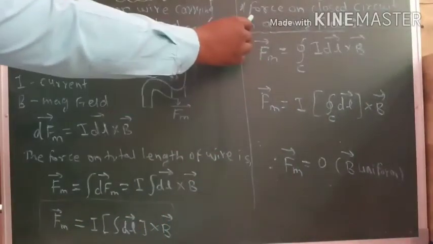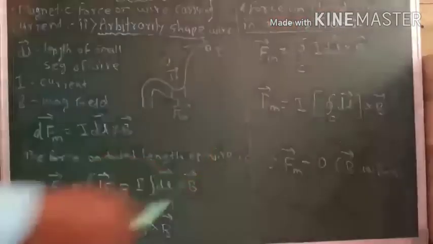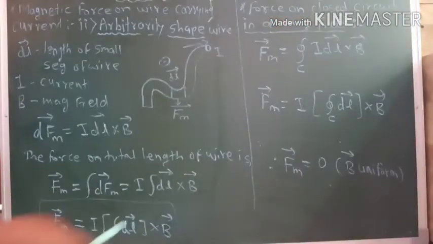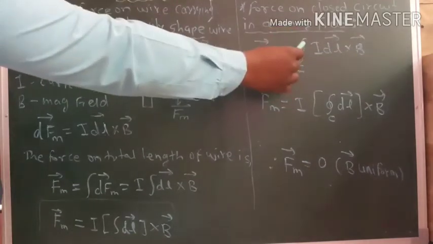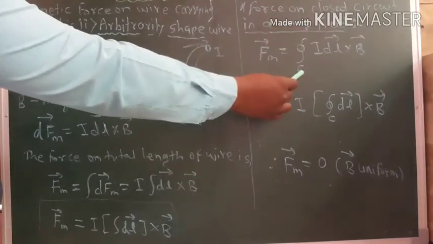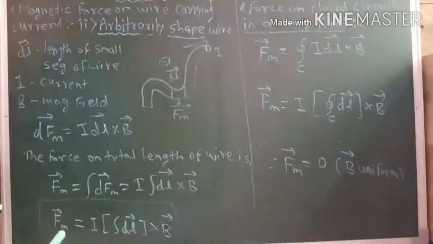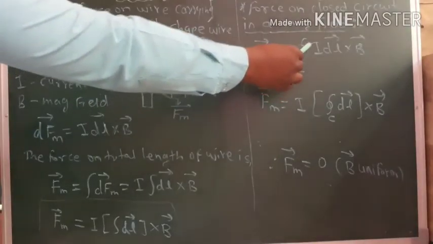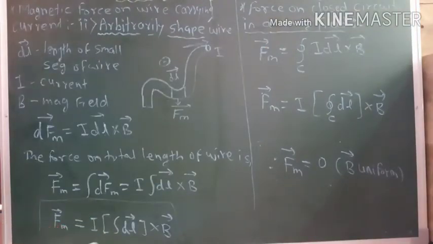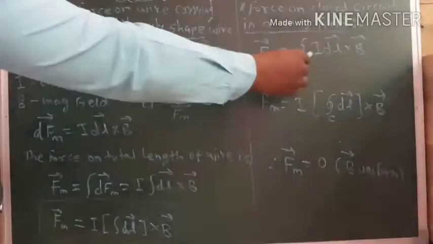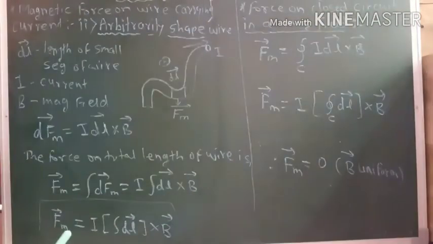From this equation, for the closed circuit, F_m vector is equal to the integration over the closed circuit C, where C is the closed circuit. This integration with a circle is over the closed loop: I dl vector cross B vector.